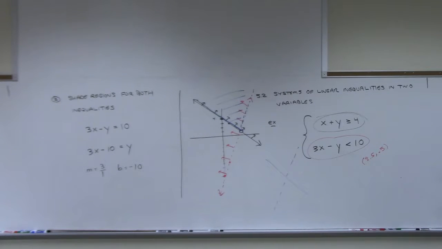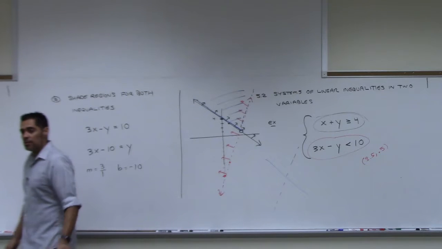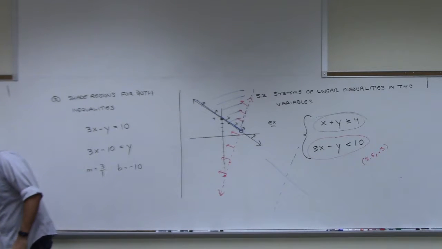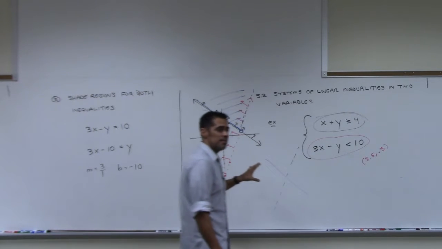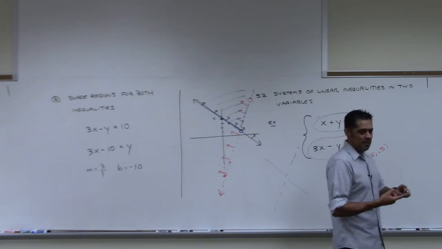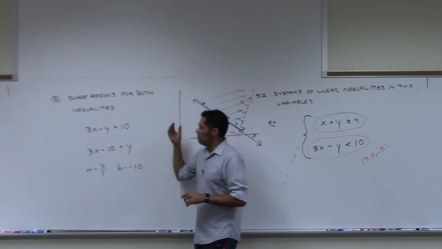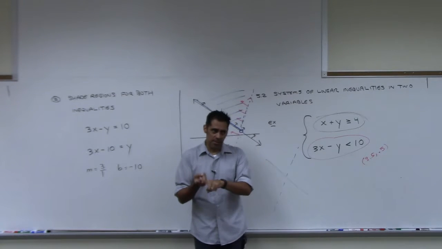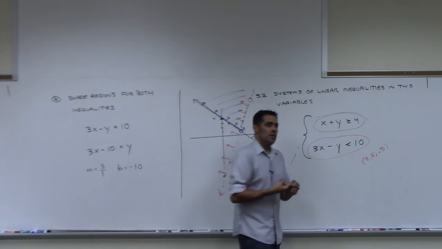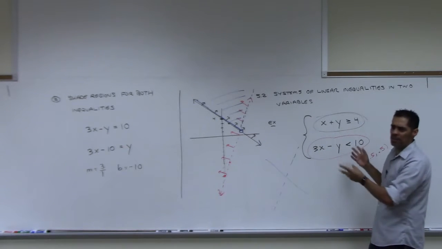What do y'all think? This is fun, right? Yes. It's a lot of work, right? It's a lot of work. This is why on your exam, if I give you one of these problems, I'm testing a couple of concepts in here. You have to be able to do elimination or substitution, solve a system of equations. You have to be able to graph lines, and then you have to remember all these concepts with the shading.